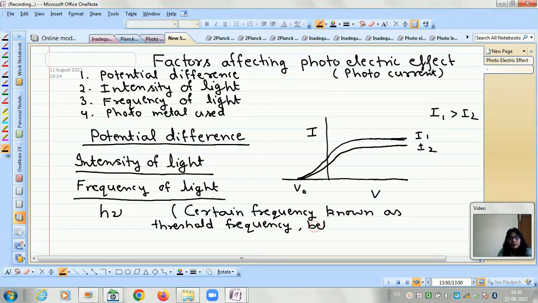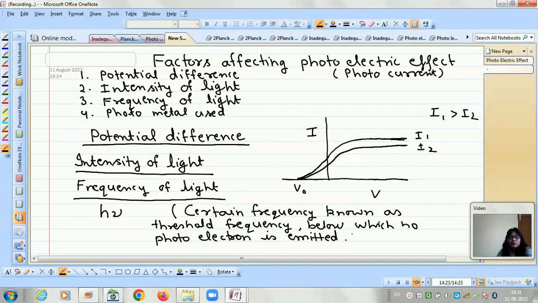below which no photoelectron is emitted. So this frequency is known as the threshold frequency. If the frequency of the light is less than the threshold frequency, then no photoelectron is emitted.